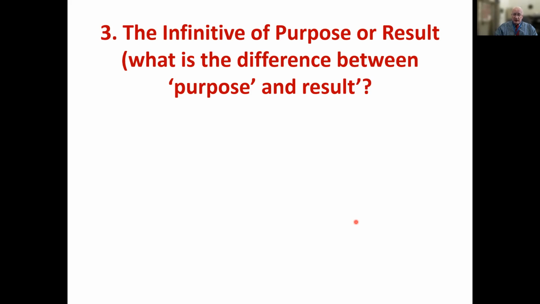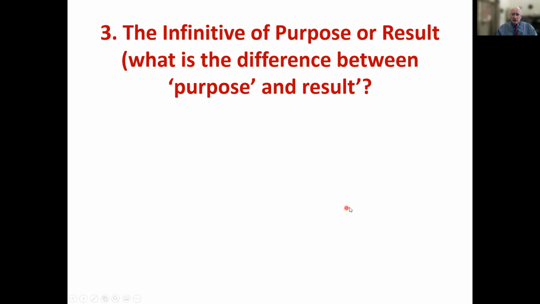He didn't want to fall out of the bed, but he did. And the result was he cut his head. So there's a difference between purpose and result. And the same word can be used in New Testament Greek for both. And we have to interpret correctly. Is it purpose or is it just result?